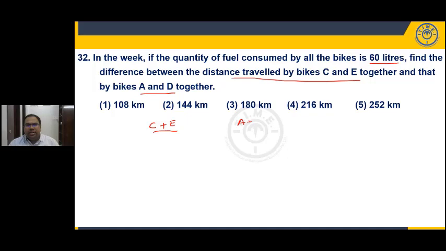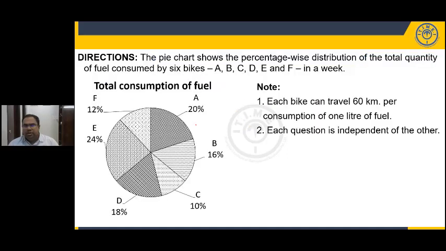Total consumption in this week is 60 liters.